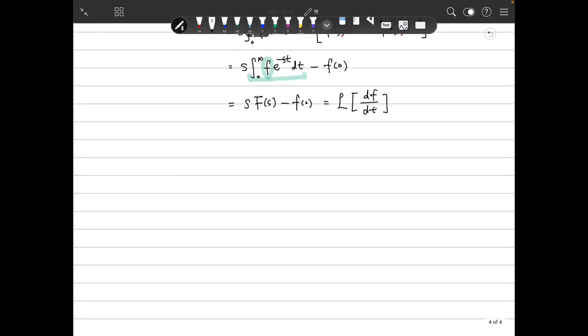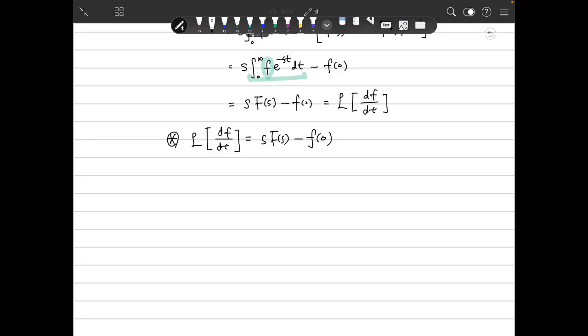So we can write here the Laplace transform of df/dt is sF(s) minus the time-domain initial value, which is 0. So here you can get a very important thing.